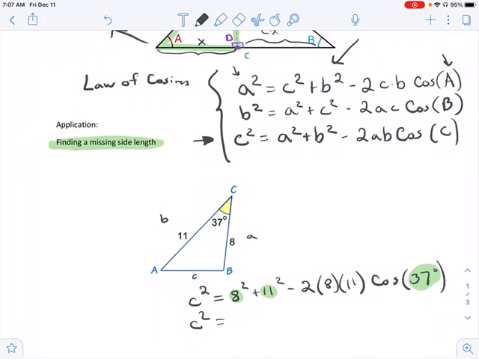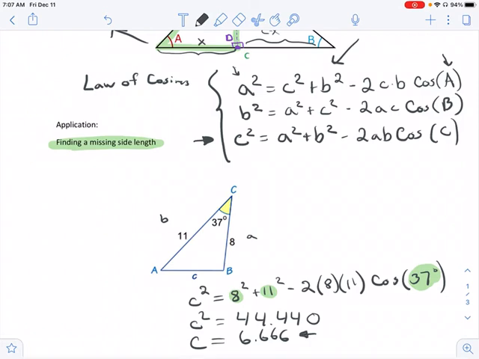Okay, yep. So c squared equals 44.440. And in order to get c, I just need to take the square root of both sides. So I get c equals 6.666.